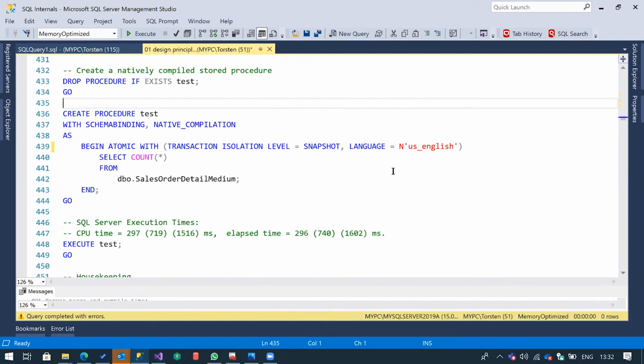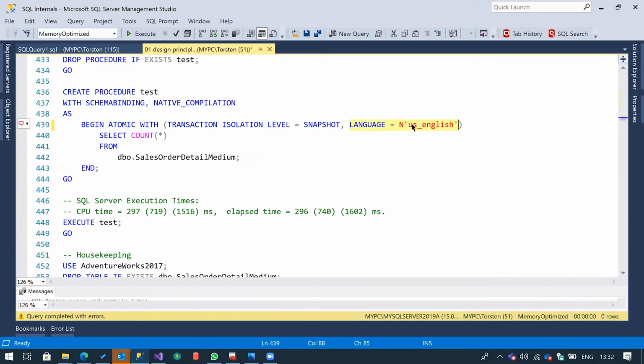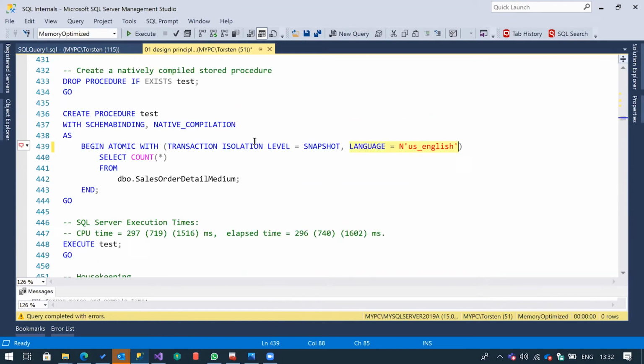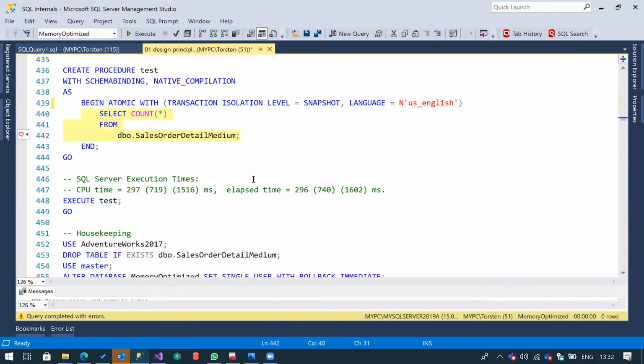And I think this is optional, the language US English. I don't know why it is even worth mentioning here. But this is still the same T-SQL command. Some of the T-SQL commands are not supported, for sure.